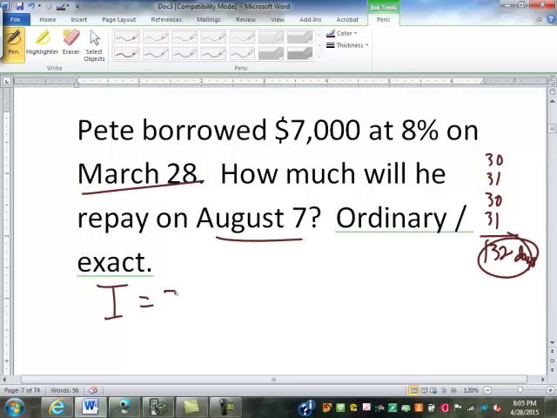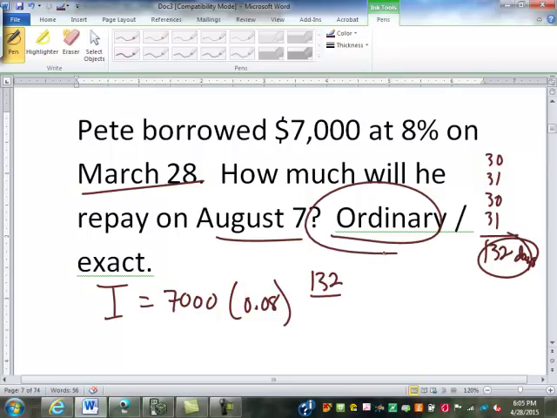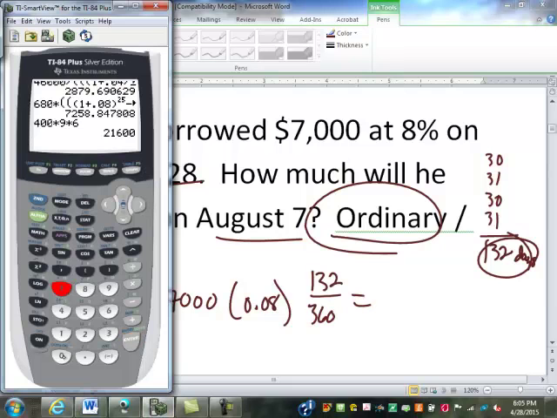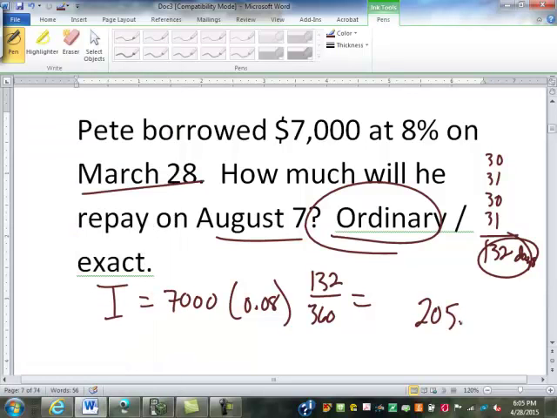So our interest is our 7,000 principal times 0.08 times 132 days over, well, for ordinary it would be 360. So the amount of interest, 205.33.